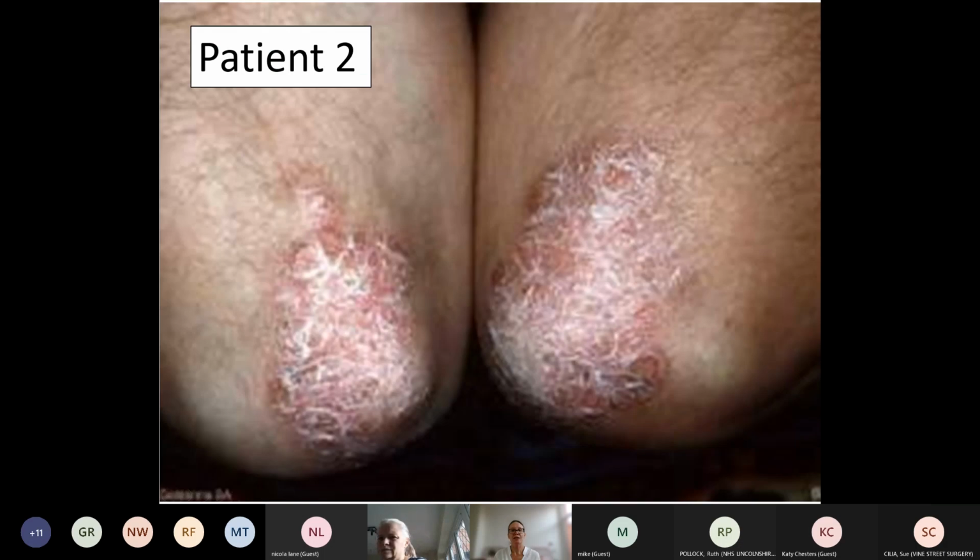Okay, so again, have a think how you would describe this rash. This is the two elbows. Scaly, definitely. Symmetrical, yeah.